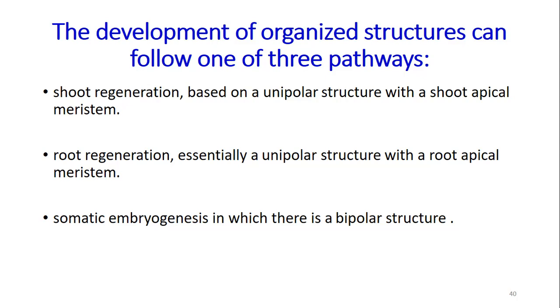So I already mentioned with somatic embryogenesis, there is no zygote formation. You can either use just the male cell or the female cell to regenerate it into a whole new plant. The shoot regeneration, as I've already mentioned, can be done using the shoot apical meristem. The root regeneration can also be done using the root apical meristem.